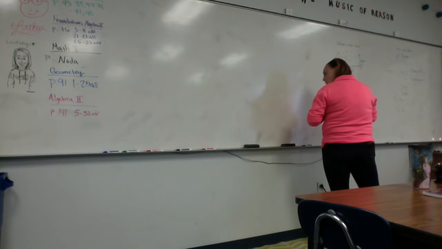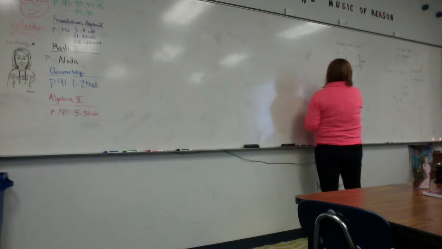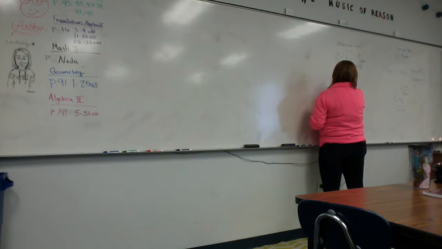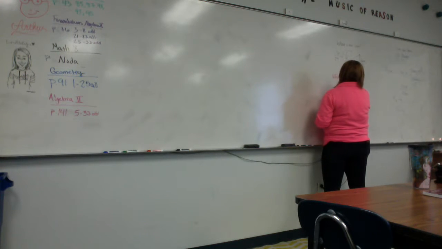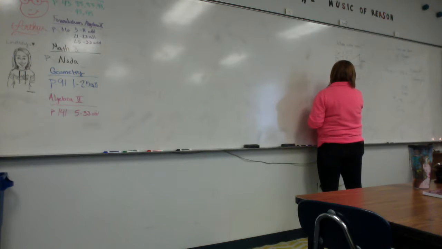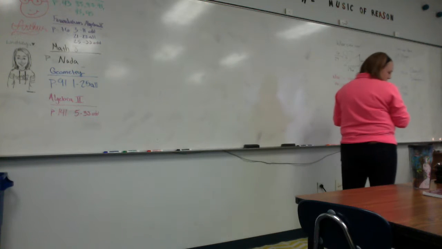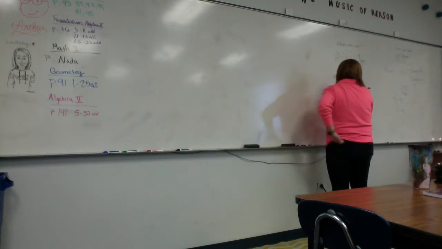Another way I can find slope is they can say, here are 2 points. What is the slope of the given coordinates? Okay, or of the given line that passes through the coordinates.